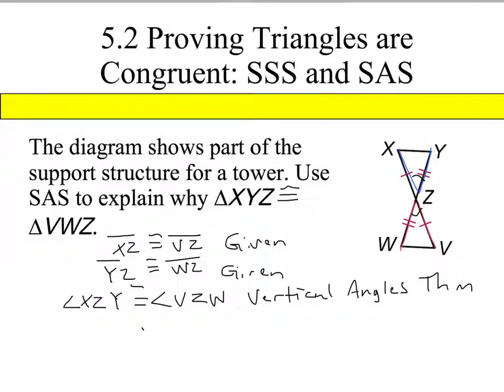As you can see, we used the reflexive property from chapter 2, and we used the vertical angles theorem from chapter 2. We're using these different arguments that we have learned in the past to prove a logical argument. So triangle XYZ is congruent to triangle VWZ by the side angle side theorem. Hope you came up with that.